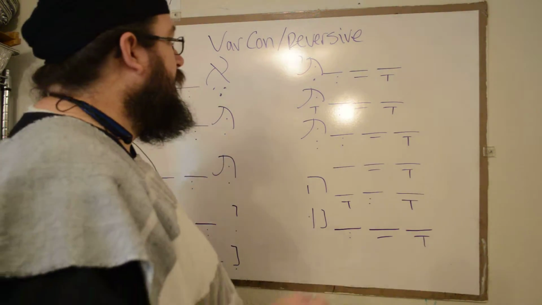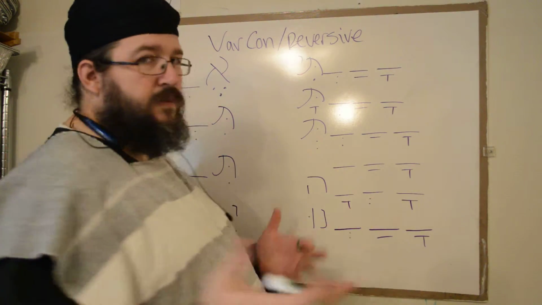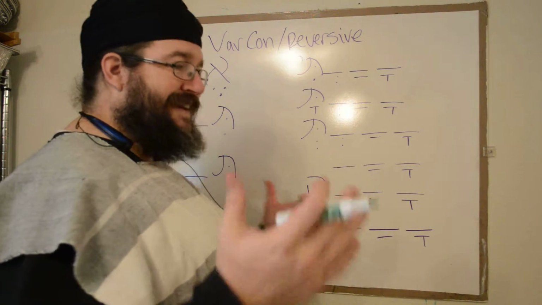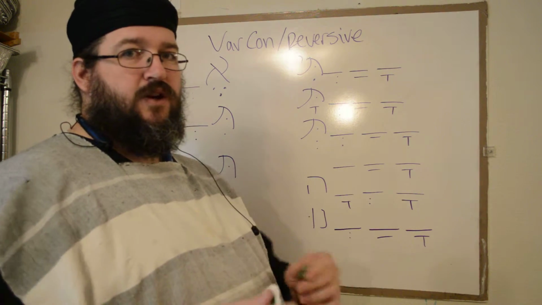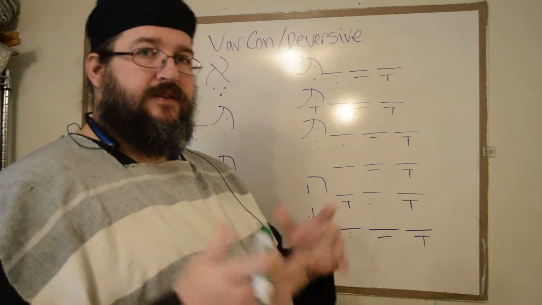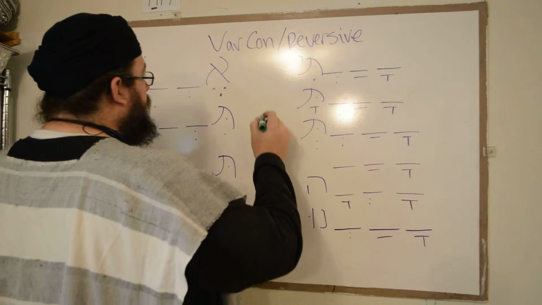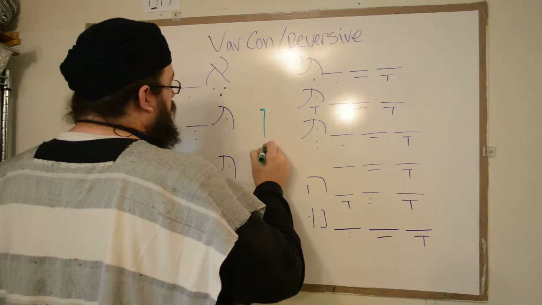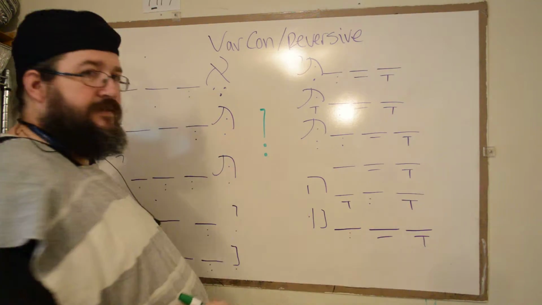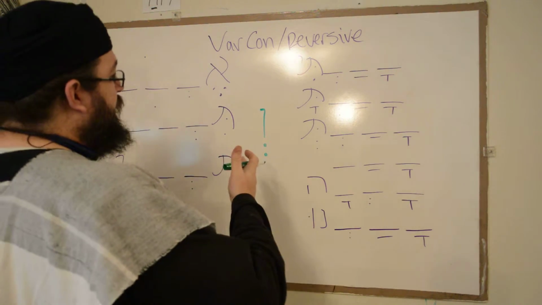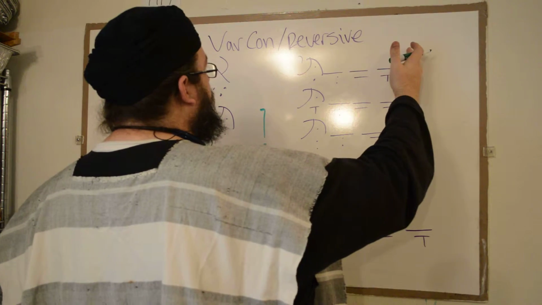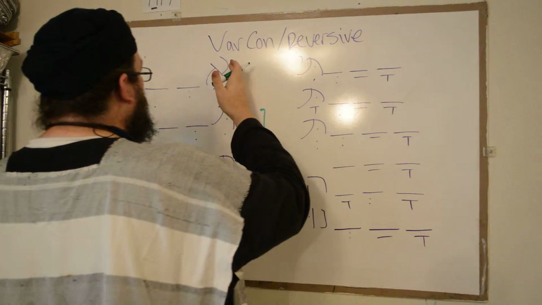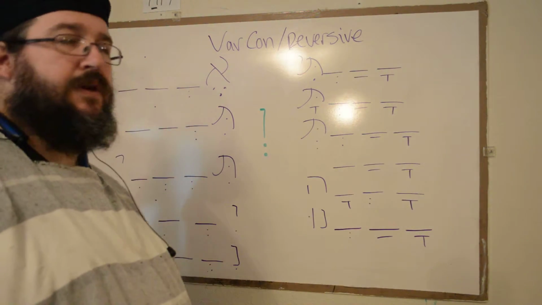Okay? Well, first off, we have to understand there is a necessity to know when there is and isn't such a thing. Alright? So normally we have a Vav that looks like this, okay? And that is always placed at the front of a verb, okay?